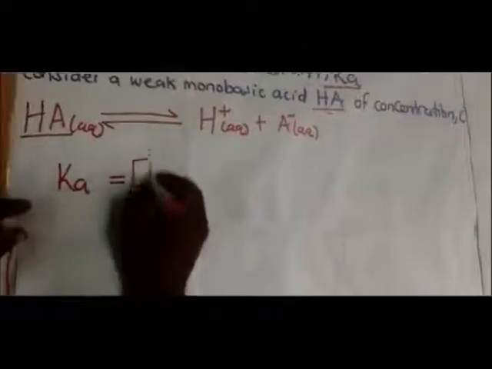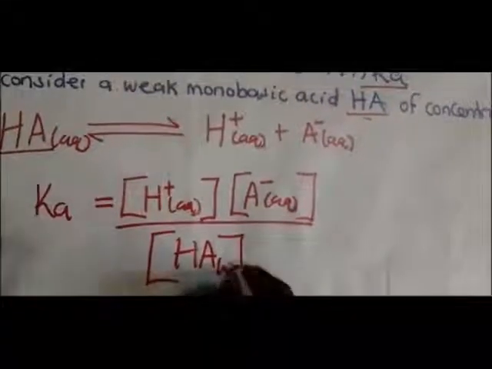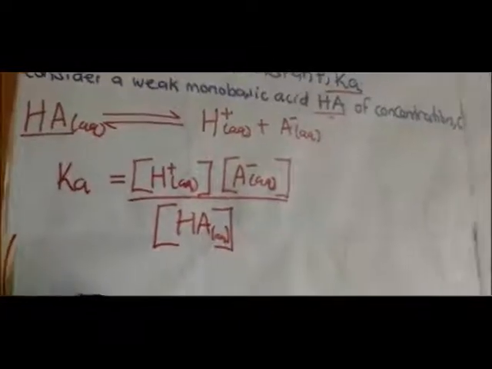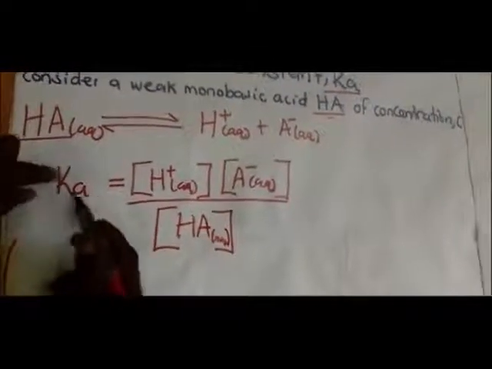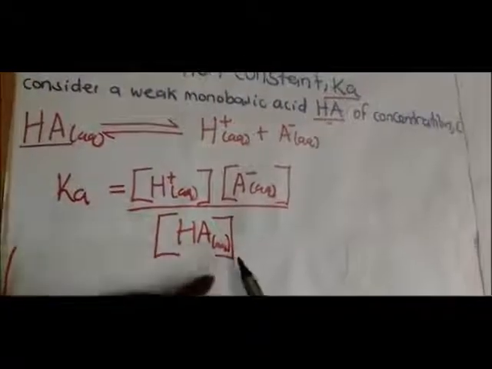In this case our products are hydrogen ions and A, aqueous, multiplied with A aqueous, divided by this. So here we are using the concentration brackets. In this case, we are seeing how Ka is relating with the hydrogen ion concentration and the acid concentration.